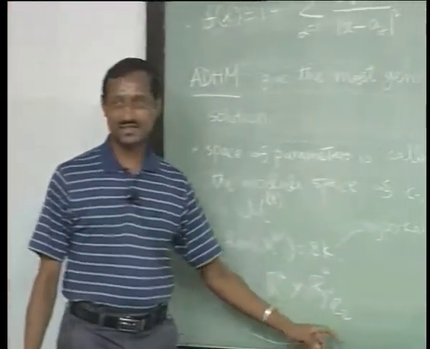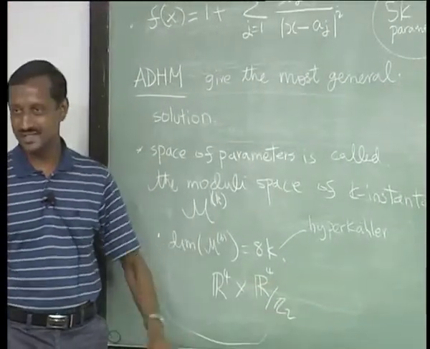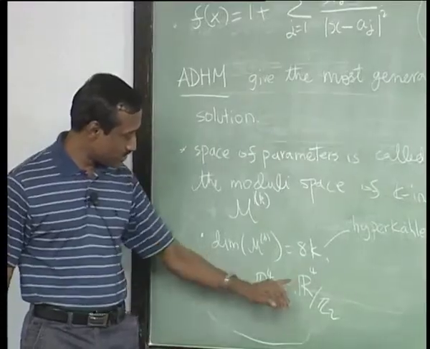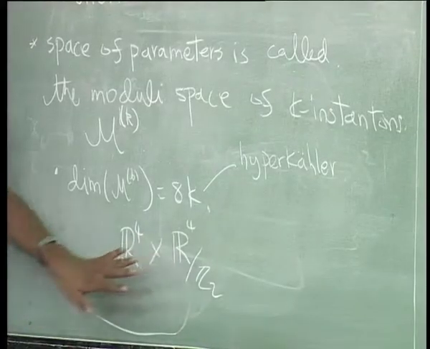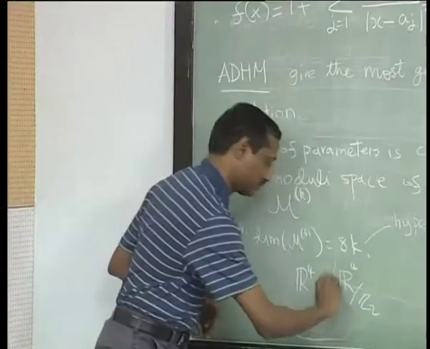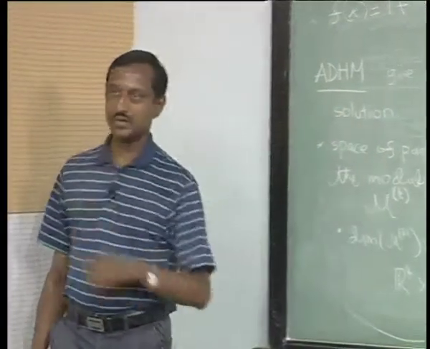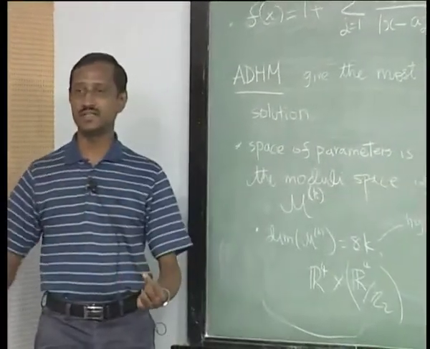The center of SU2, which is a Z2, does act trivially on the solution. So don't worry about this, it is a technicality, but all I am saying is that the moduli space is 8 dimensional, it looks like 2 copies of this thing. This Z2 means there is an identification.